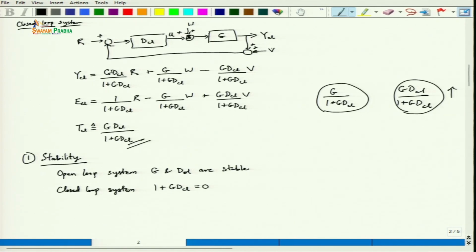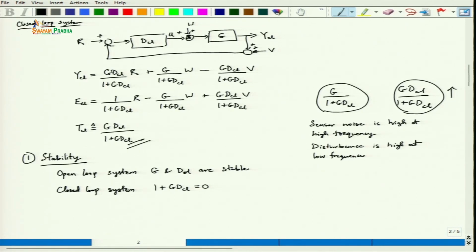So generally what happens is sensor noise is high at high frequency, whereas the disturbance is high at low frequency.